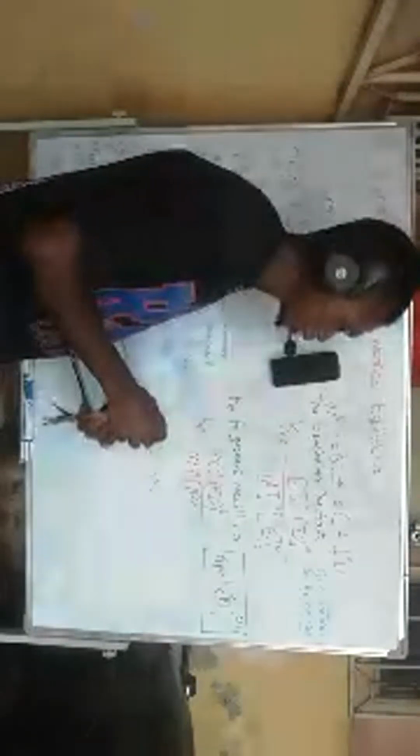Okay, now watch closely. If Kc is bigger than 1, far bigger than 1, what does it mean? It means the numerator is very big, bigger than the denominator by a great value, right? It means the quotient is big.